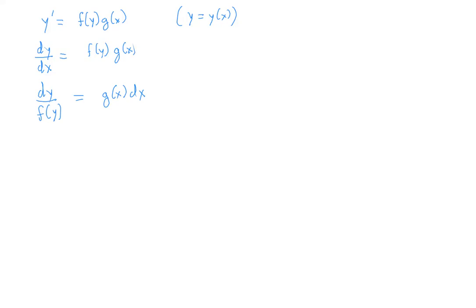Because it allows you to actually solve, for example, differential equations like this. And this is just an instance. It's not even the whole story. And what you do now is you integrate both sides.